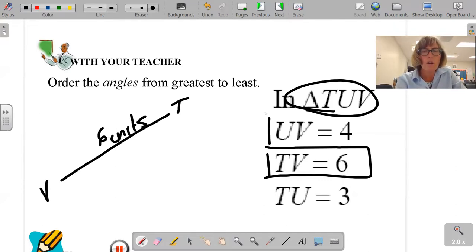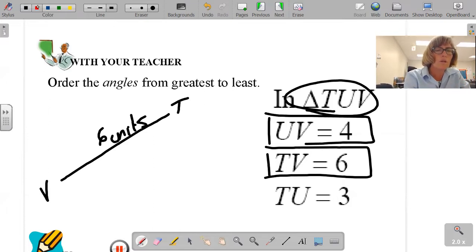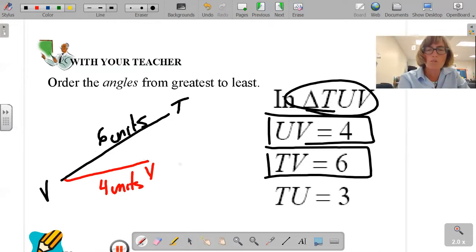And then your next largest, your middle, is going to be V to U, so slightly shorter. It's 4 units. And then even smaller, T to U, is 3 units.